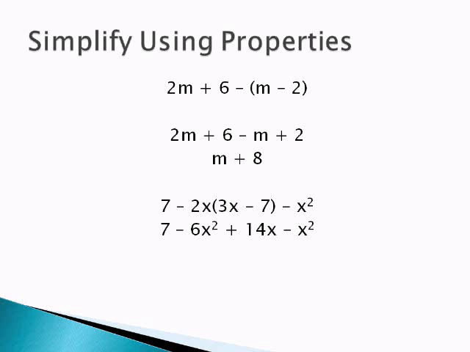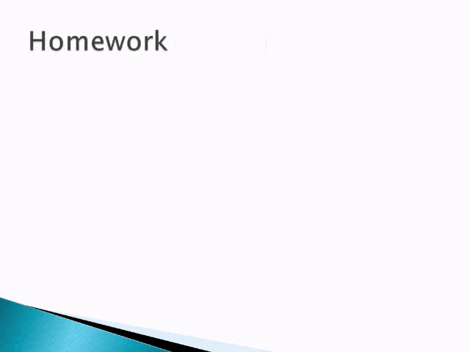There's a negative 6x squared and a negative x squared. That's going to give me negative 7x squared. The 14x has nothing in common with it, and the 7 has nothing in common with it. And so this is our final simplified equation. Please note that the x squared and the x were not combined because they are not like terms.